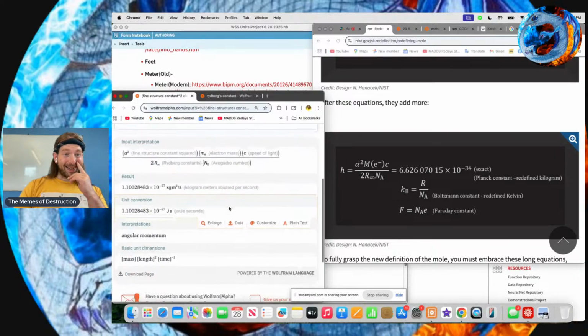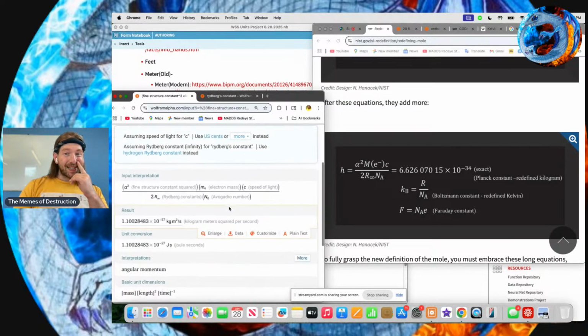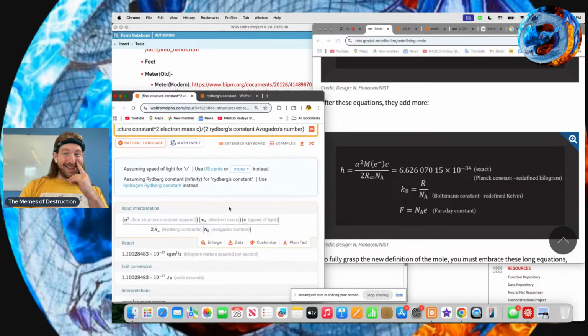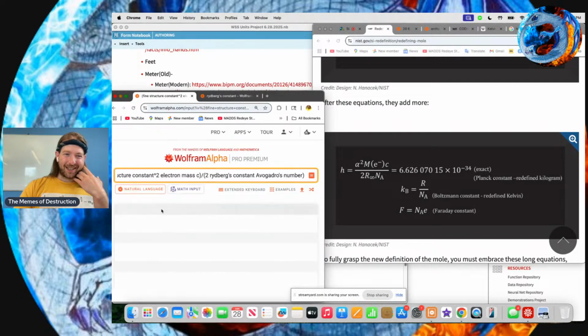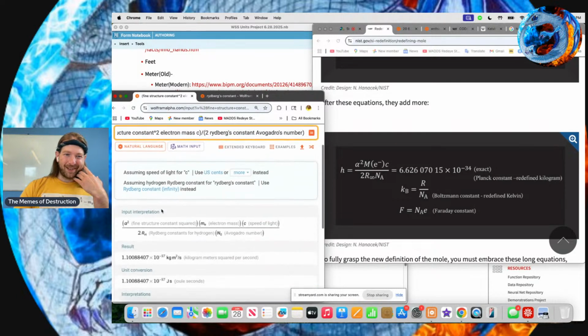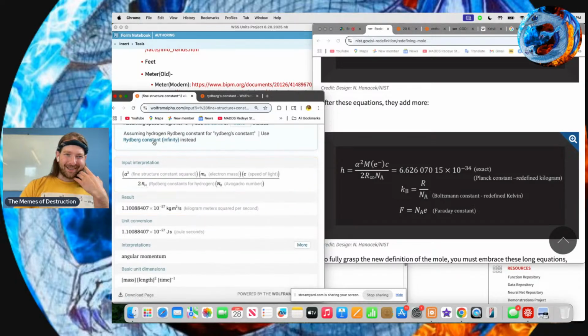Okay, so that gives us angular momentum. That is not equal to h. That is not equal to h at all. Let's just do the hydrogen Rydberg constant. Maybe that will make it up. No, that doesn't really make it better.